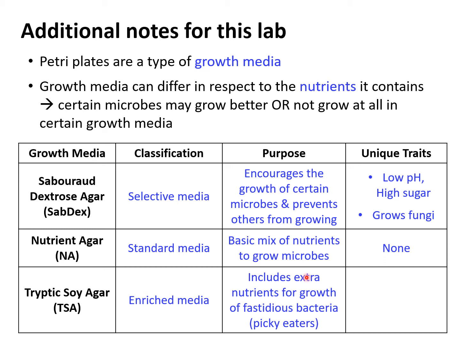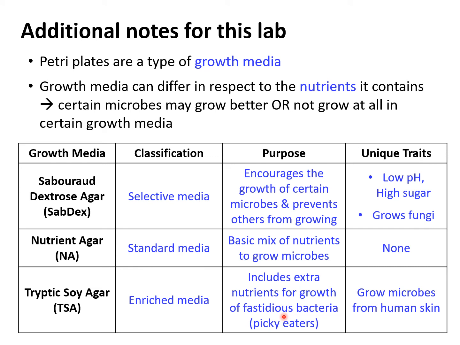What do we call them? Bacteria that are pretty picky in terms of the nutrients that they want, we refer to them as fastidious bacteria. So if you want to grow fastidious bacteria, those picky eaters, it's best to use tryptic soy agar.